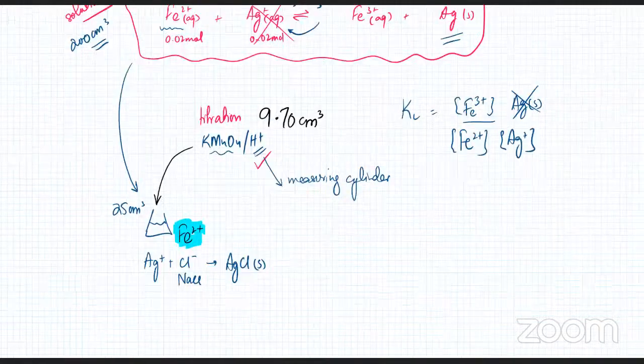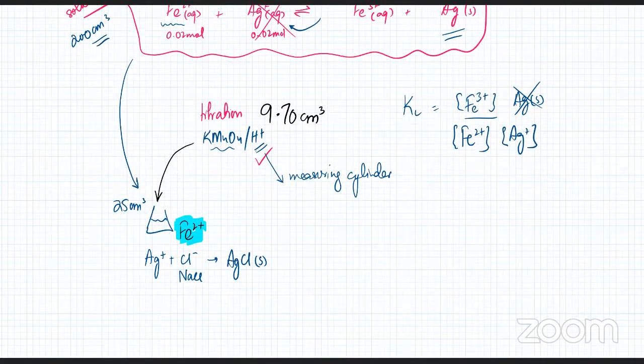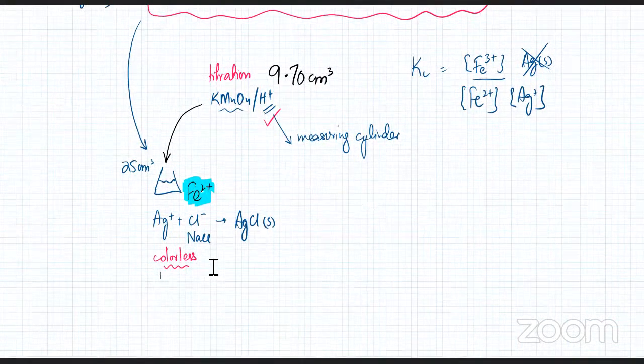But in the titration, purple KMnO4 droplets fall from the burette into the conical flask, and if it reacts, it will turn colorless. So as long as the reaction is happening, it will continue to change from purple to colorless.